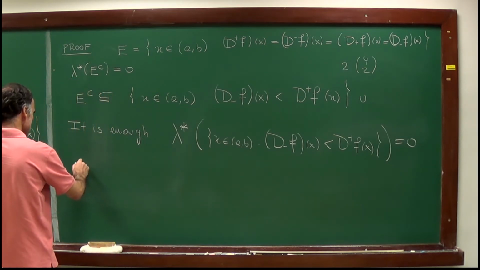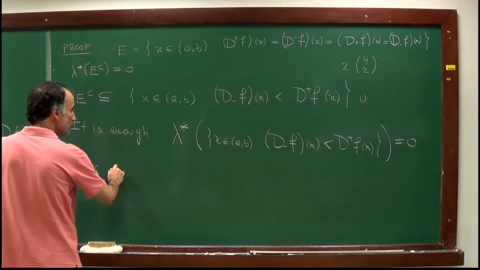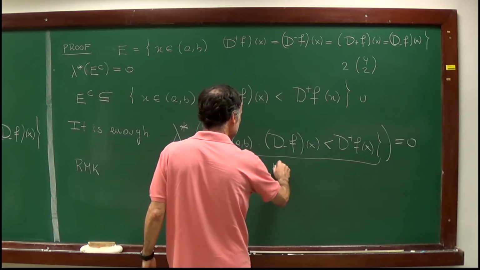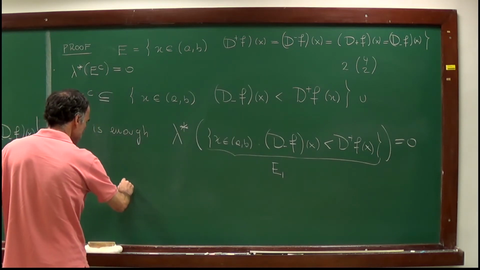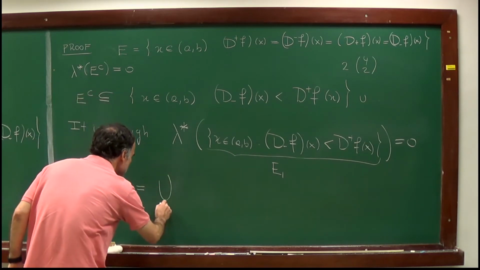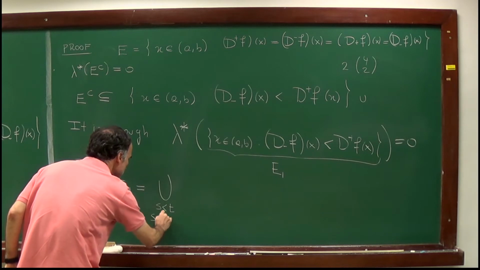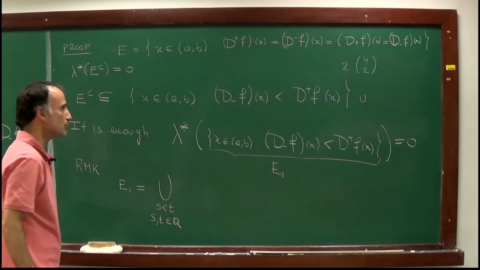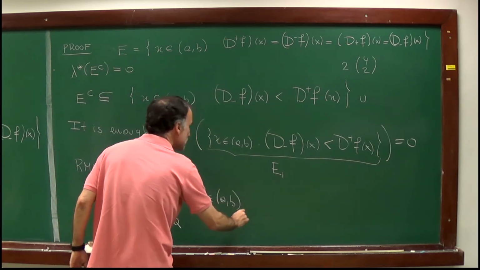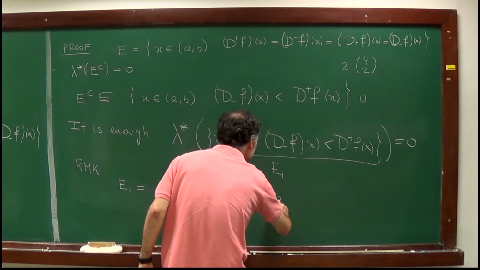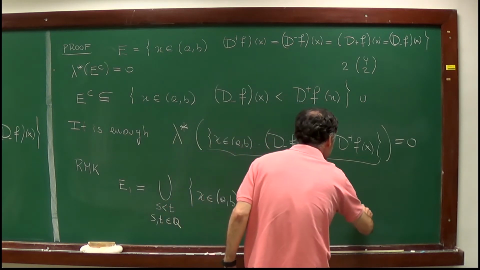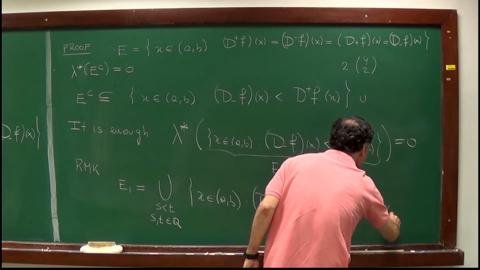What I claim is, remark that this set, let me call it E1, is equal to the union over all s smaller than t, s and t rational numbers, of the points x in AB such that d minus f of x is smaller than s, which is smaller than t, which is smaller than d plus f of x.